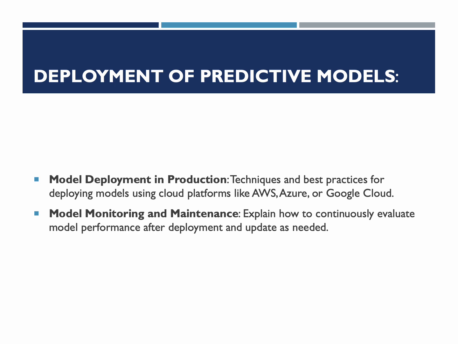So first, deploying a model in a production environment involves making the model accessible to end users or integrating it into existing systems where it can provide predictions. There are several best practices and techniques for deploying models, including using cloud platforms.